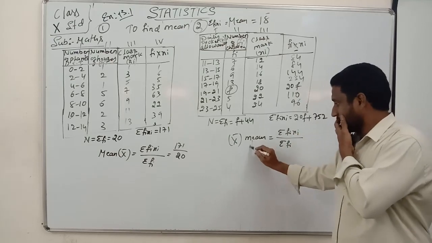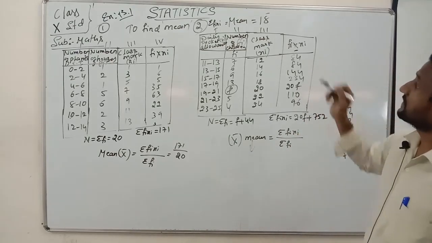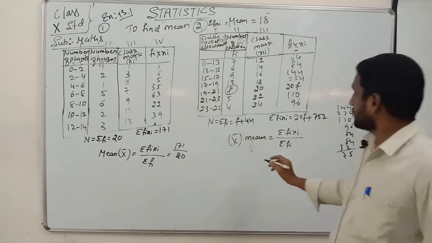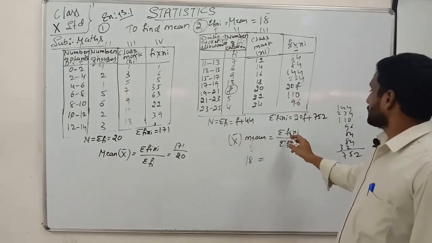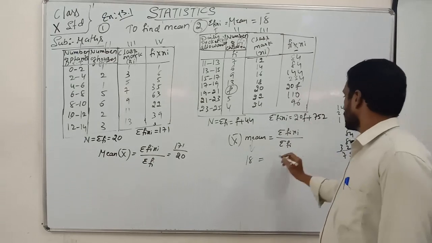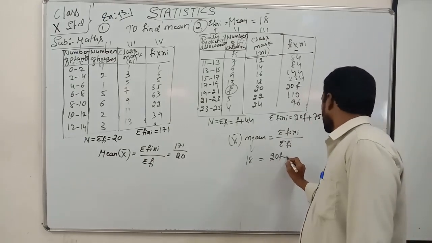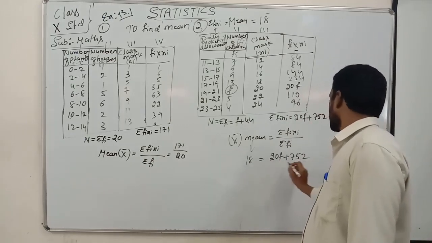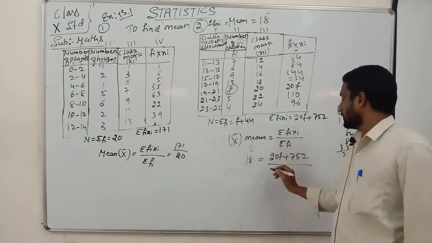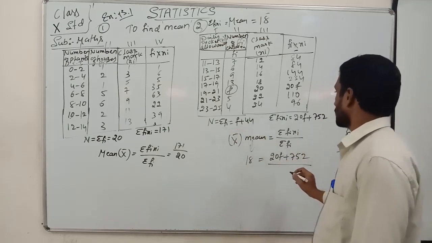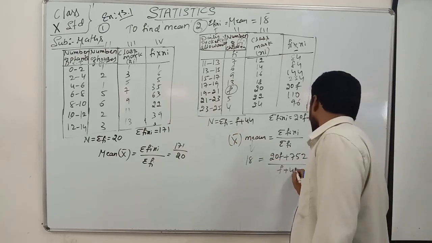Here the mean is given in the question itself. What is the mean value? 18 is equal to, what is the sigma fi xi value? Sigma fi xi value is 20f plus 752, divided by, what is sigma fi? Sigma fi value is f plus 44.